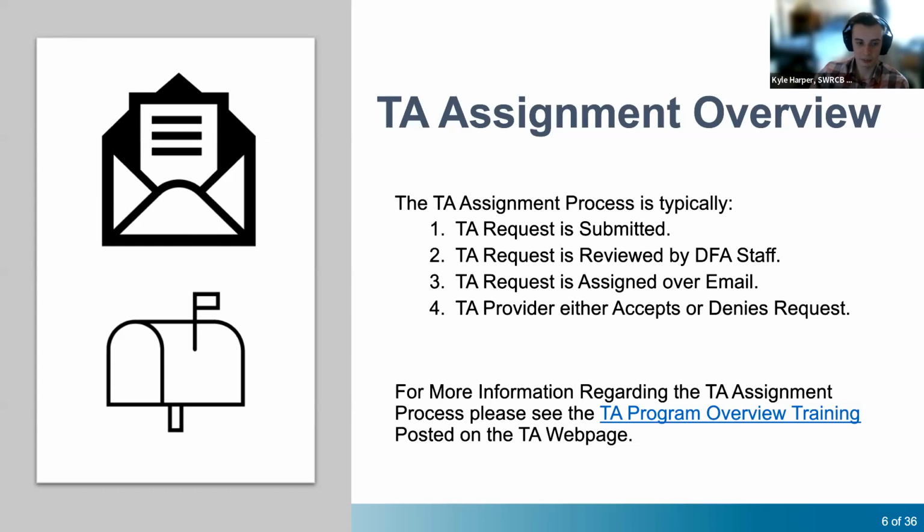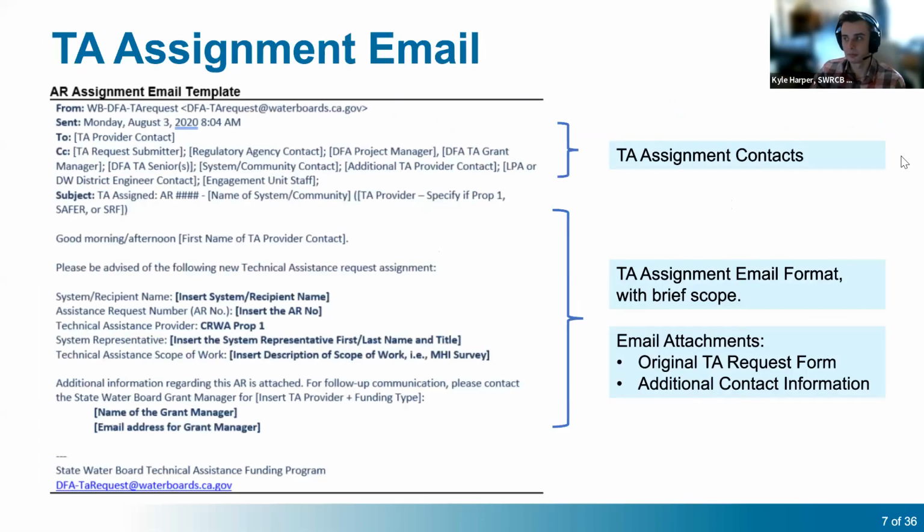Now, jumping back to step number 3, we wanted to go over the TA assignment email a little bit. This is the actual email template. I first wanted to point out the contacts. The first contact for this TA assignment email is the TA provider contact.